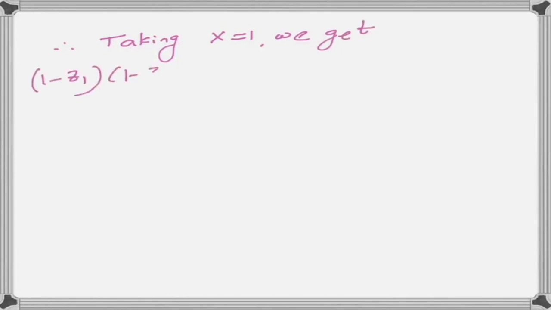Therefore, taking x equal to 1, we get 1 minus z1 into 1 minus z2 and so on up to 1 minus zn minus 1 is equal to n.